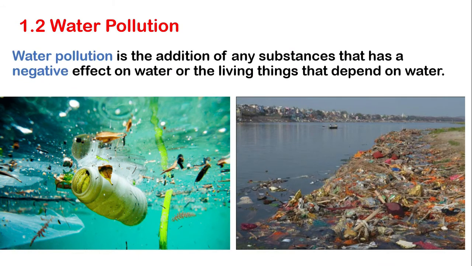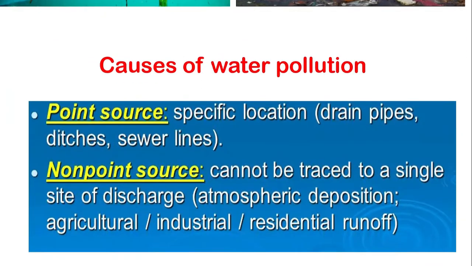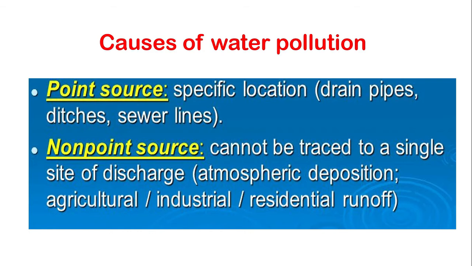So water pollution is the addition of any substance that has a negative effect on water or the living things that depend on water. What are the causes of water pollution? We can divide into point sources of pollution and non-point sources of pollution.